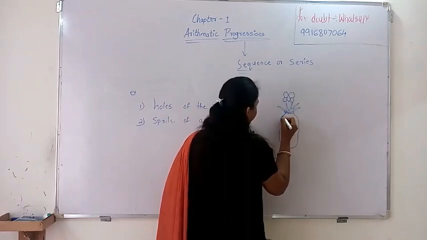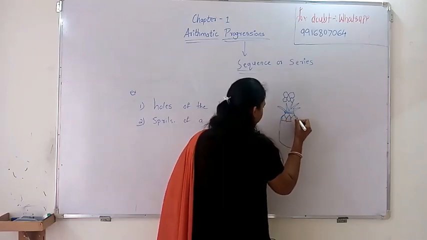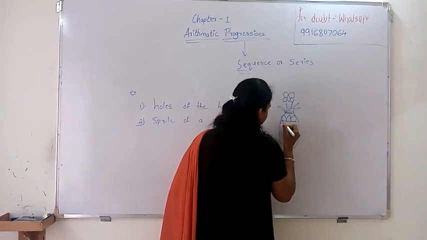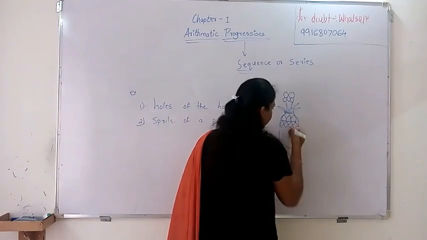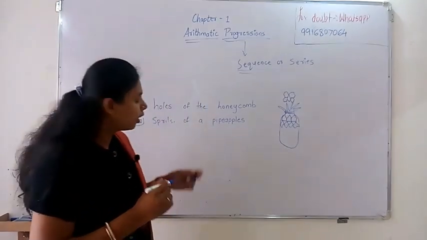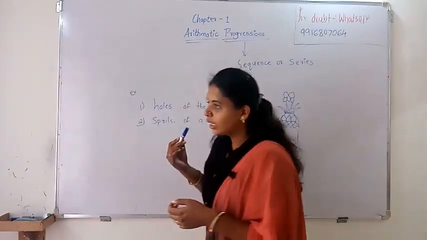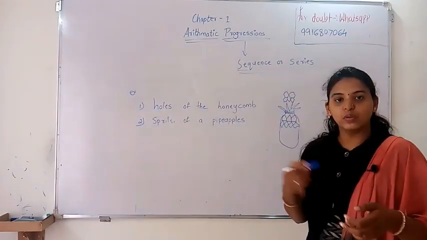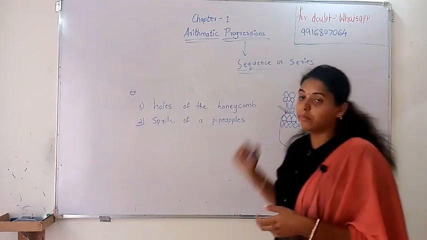It follows some pattern. So it will be in some sequence. Now we'll see another example, two or three examples, so that we can identify what we mean by arithmetic progression.